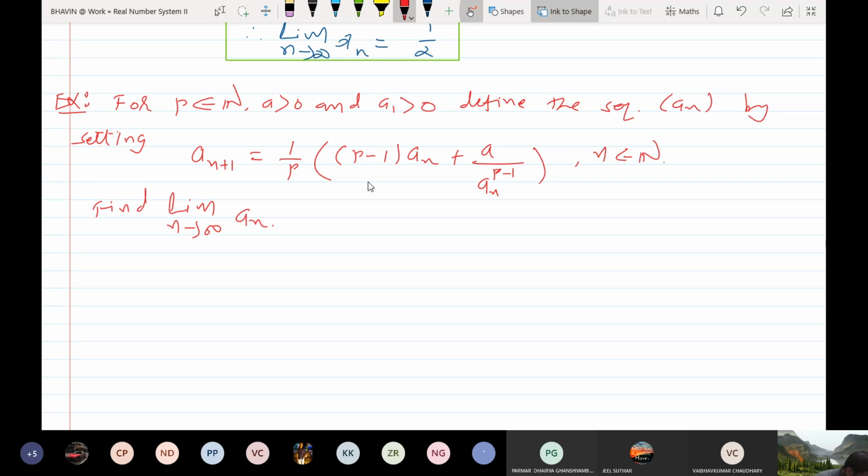Now, let me define limits at infinity. I think I have given the definition. Let me put the definition of infinite limits.